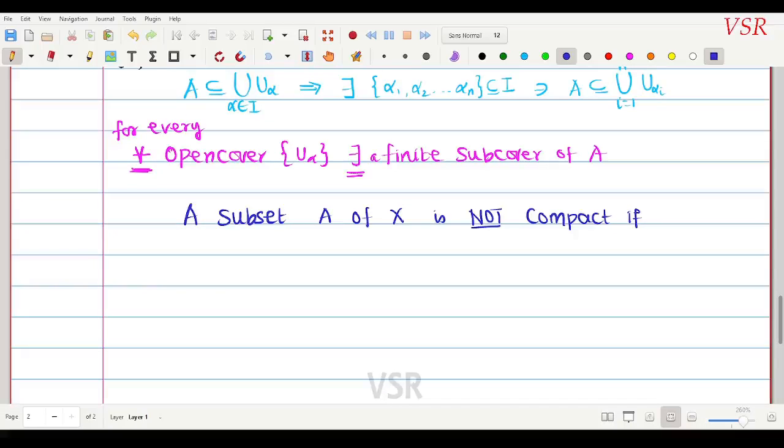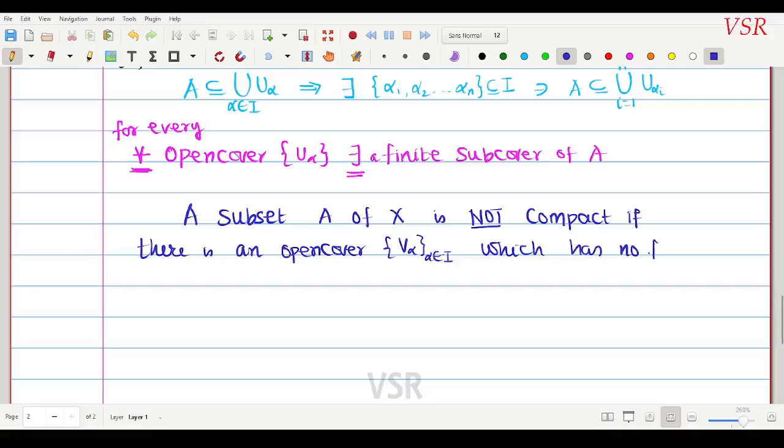A subset A of X is not compact if there is an open cover V_alpha, alpha belongs to I, which has no finite subcover of A. Let me say the same thing in another way. There is an open cover V_alpha which has no finite subcover.